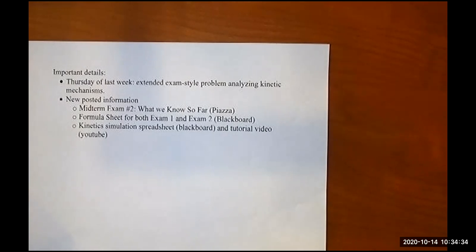This one has an overall reaction with 2 separate proposed mechanisms, and then a discussion of figuring out what the overall rate law would be for each of those mechanisms, and then how we could experimentally tell the difference between the 2 to determine which one's more plausible.